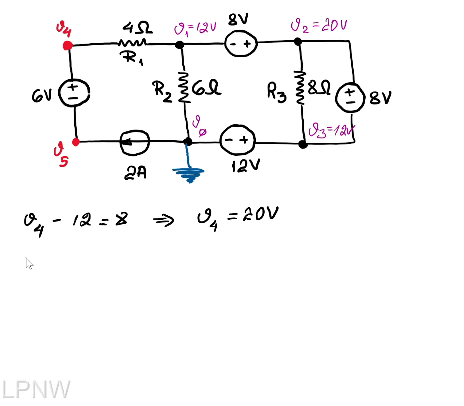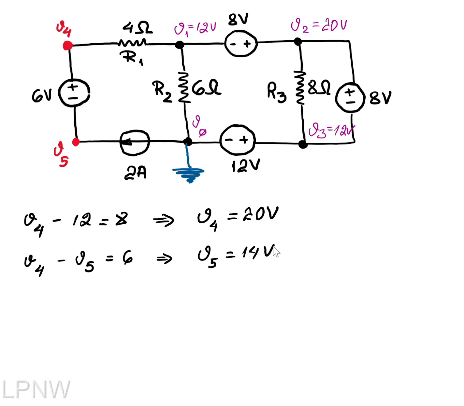Then, going across the 6 volt battery, V4 minus V5 is 6 volts, which tells me that V5 is 14 volts. I did not actually have to go for V5, because from here I can do all of my calculations.